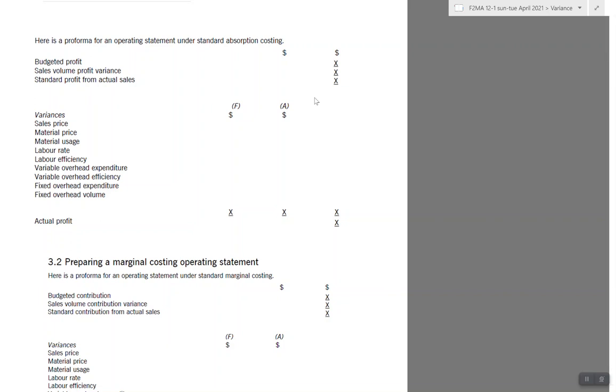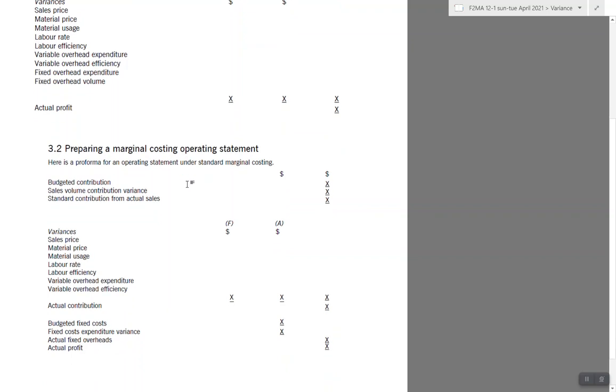And then after that, we minus every variance that there is. So you don't have to memorize them. Just remember that at the top, we only minus the volume variance, and then once we have found the standard profit from actual sales, then we minus everything else, which will give us the actual profit.